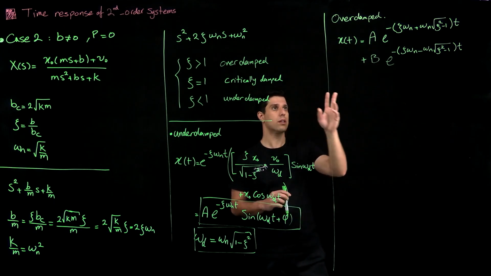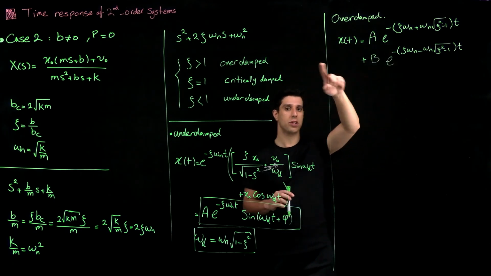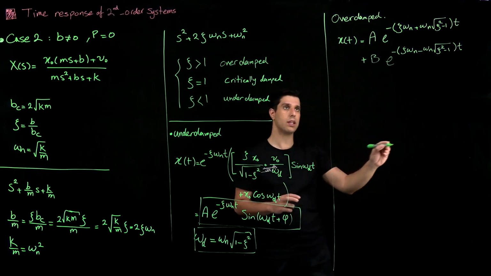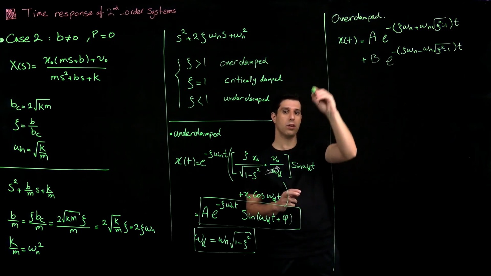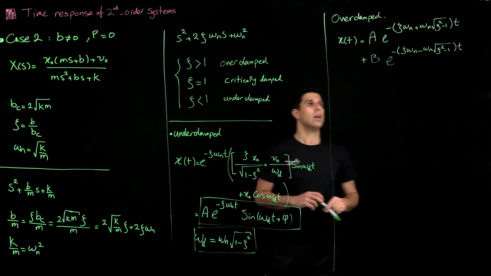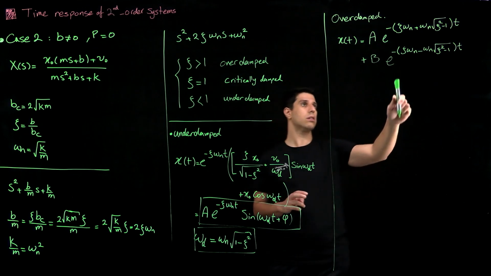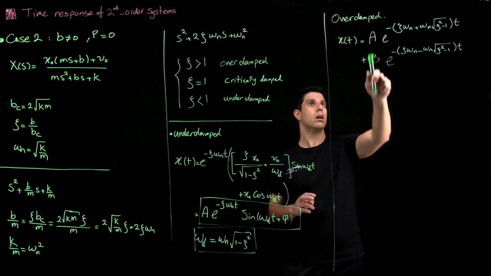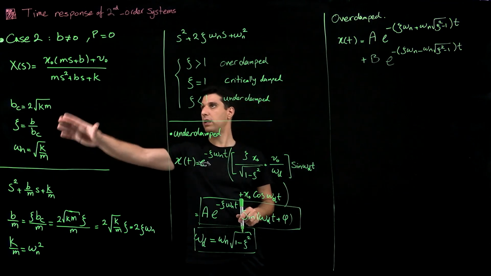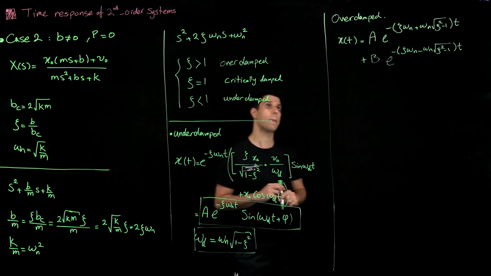And the combination of two exponentials is still an exponential decay with possibly a slight kink, either going up and coming down or completely coming down. Depends on the values of a and b, which in turn are dependent on the initial conditions.